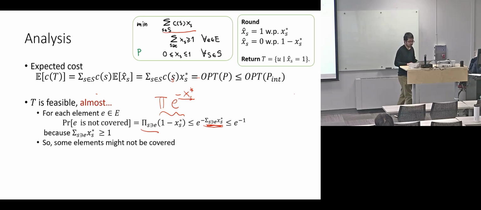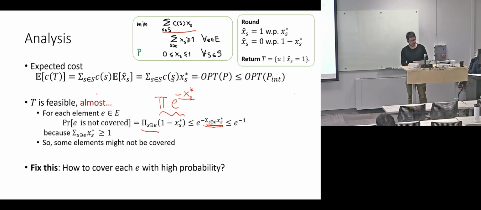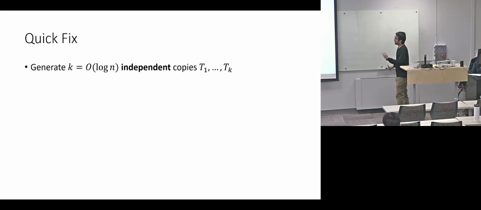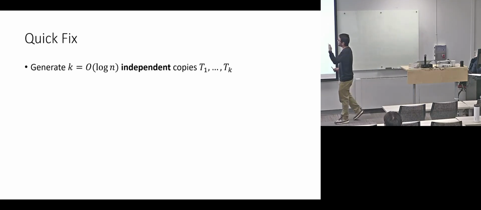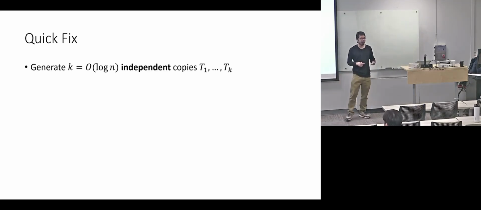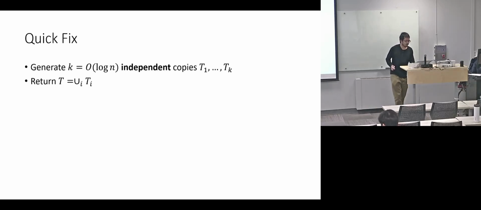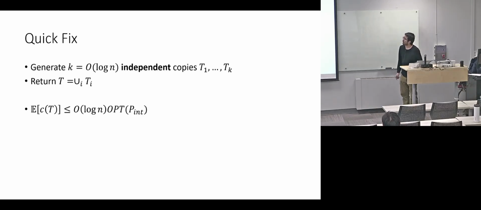So this is a quick fix. Just generate log n independent copies of what we did and return the union of those. The cost of the union is at most k times OPT of the IP, because each of them has cost in expectation at most OPT of the IP.